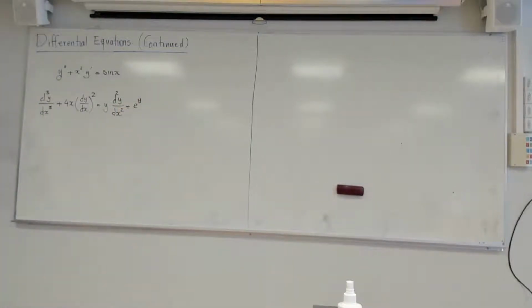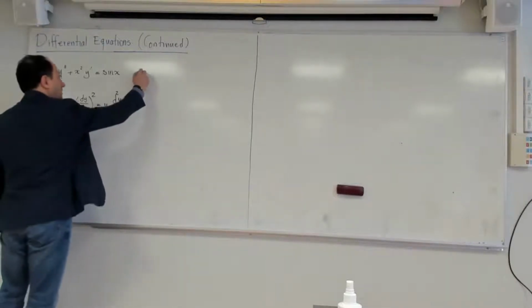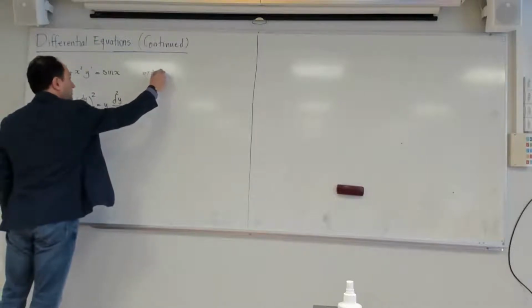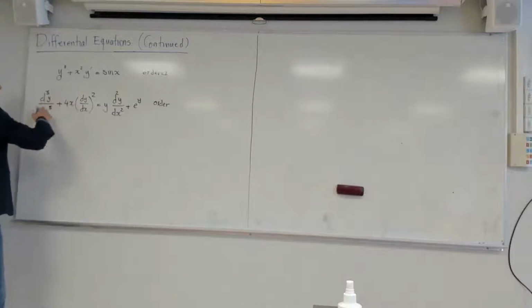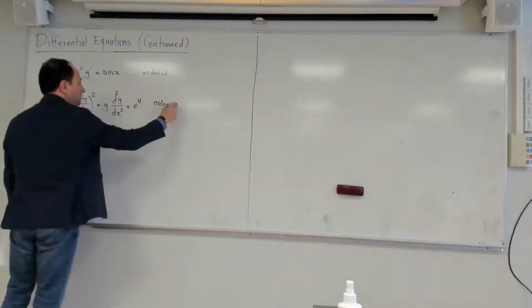So that's also a differential equation. And the order of this differential equation, so here the order was 2, and here the order is the highest derivative that appears, and that is equal to 3. Yes?